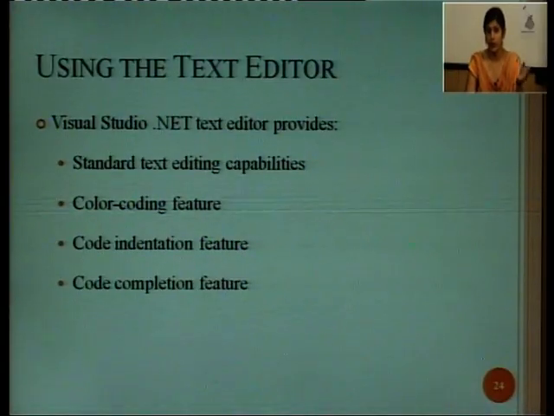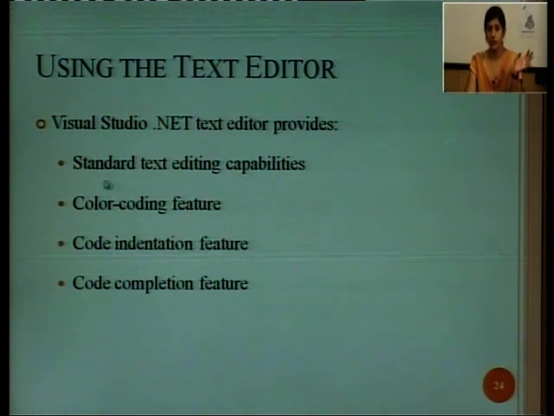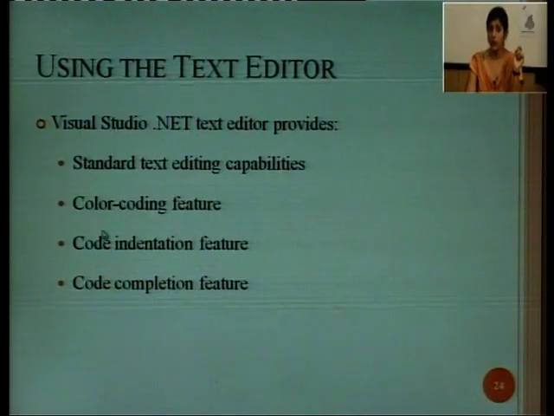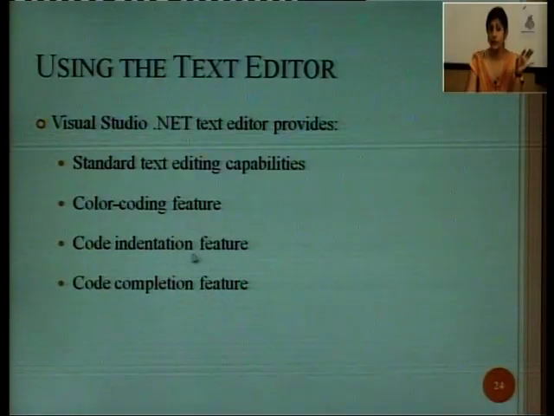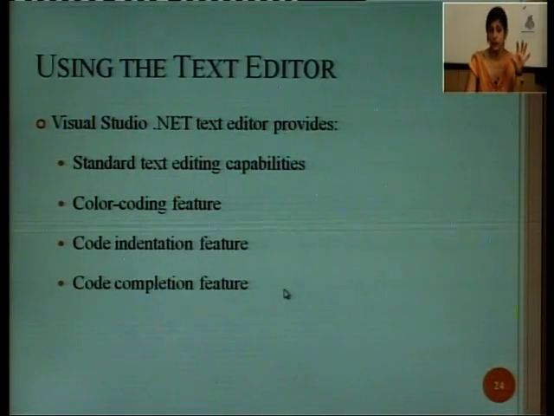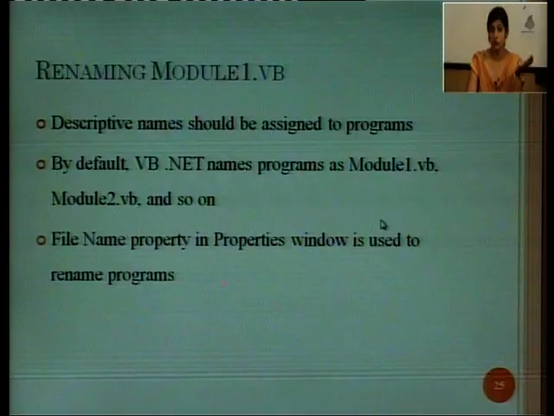You can change it by your own instructions, by your commands, but in VB it is already an inbuilt facility. It has text editing capabilities, color coding features, code indentation features, and code completion features. Clear? It has the features for how you code the programming, and text editing and coloring features also.